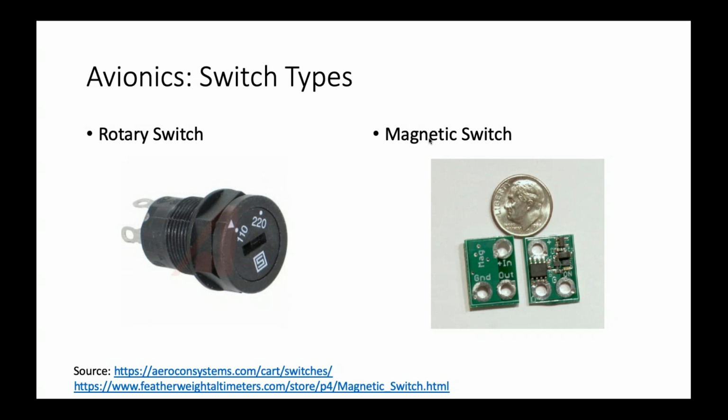And another one, the rotary switch. This is one I've used before, and I personally had it fail. I'm not saying all of them fail, but this is another type of switch that you mount to the outside of the rocket. You mount it to the outside and then connect the wiring to your altimeter inside the altimeter bay or avionics bay, and then you put a regular conventional screwdriver in it to turn the switch on and off.